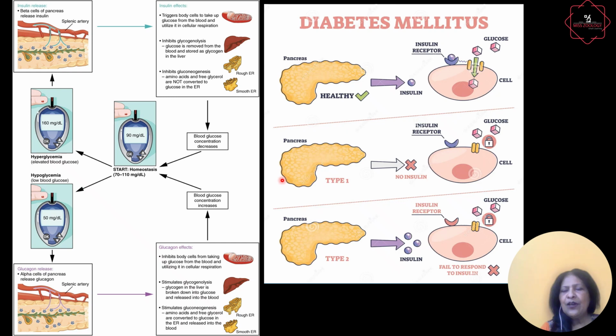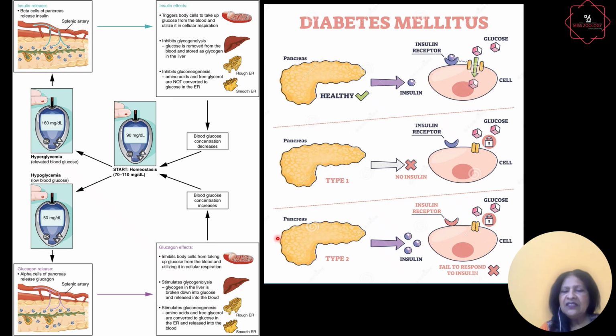But in type 1 diabetes, the insulin production will be inhibited. So there is no case of the receptor getting the insulin so as to balance the amount of glucose in the blood. That's why all the glucose which is produced will be in circulation, leading to a higher level of glucose in the blood called diabetes mellitus.